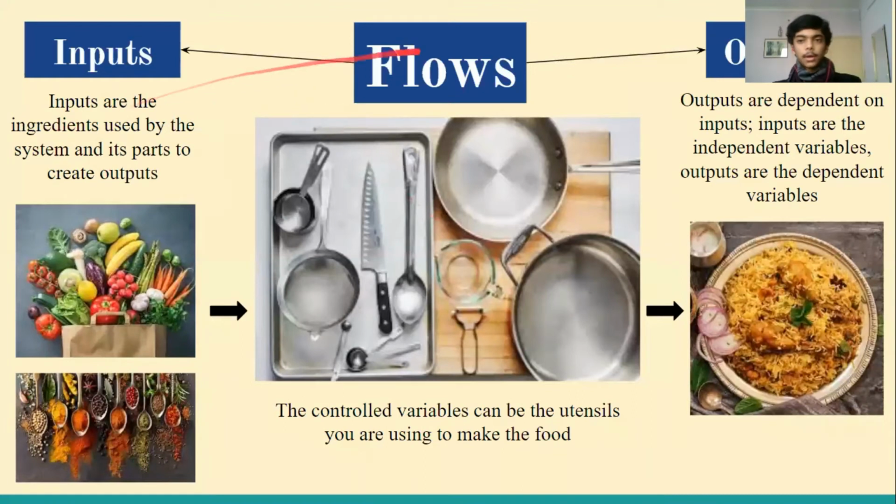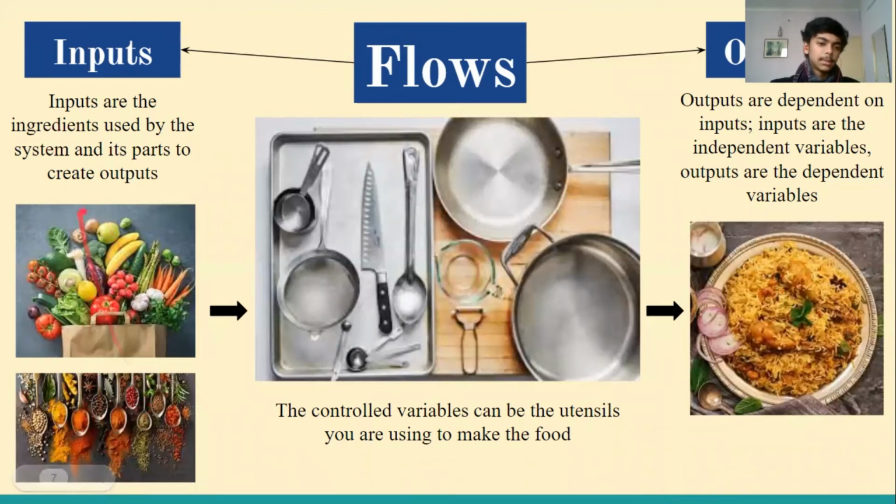So flows are divided into two parts, again, inputs and outputs. But these are fairly simple to understand. Inputs are the ingredients used by the system and its parts to create outputs, right? Since I've said ingredients, let's take the literal meaning of it.